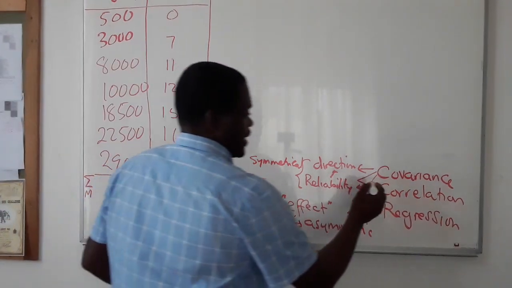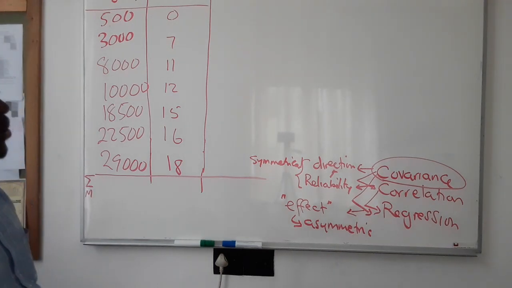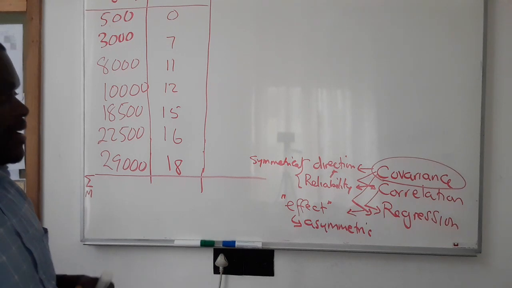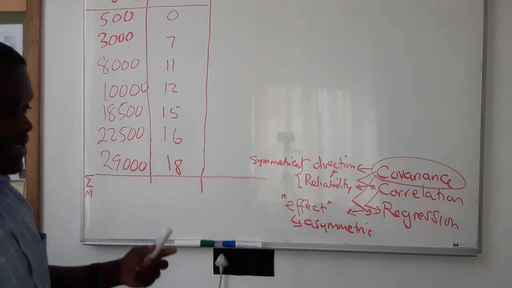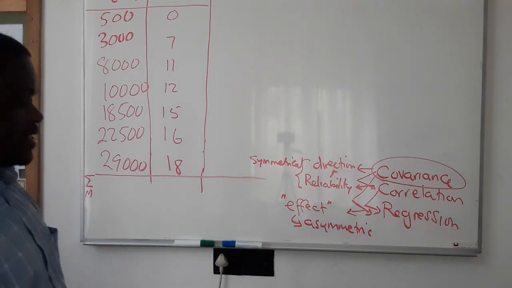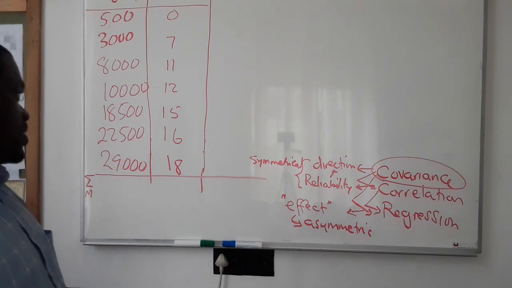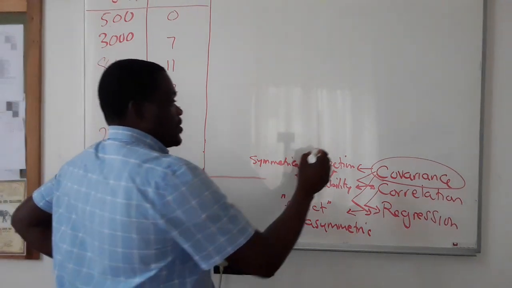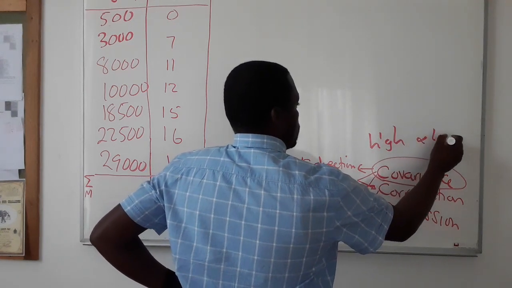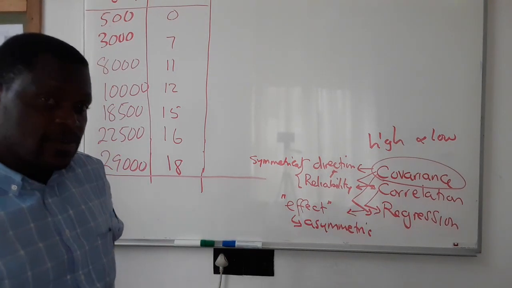So in this case, we are saying the variables are positively correlated. Their covariance is positive. They are positively associated. They tend to move in the same direction. The higher the level of education, the higher the wage rate. But these words high and low statistically can only be determined if we have a reference point.